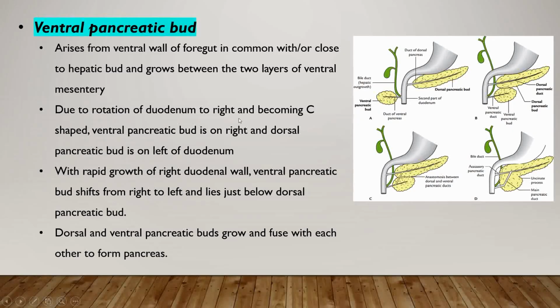One is dorsal pancreatic bud, one is ventral pancreatic bud. Now due to rotation of the duodenum to the right and becoming C-shaped, ventral pancreatic bud is on right side and dorsal pancreatic bud is on the left of the duodenum. You can see here the dorsal pancreatic bud and ventral pancreatic bud.